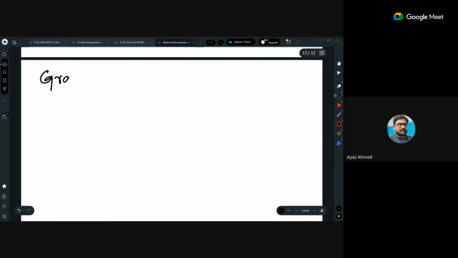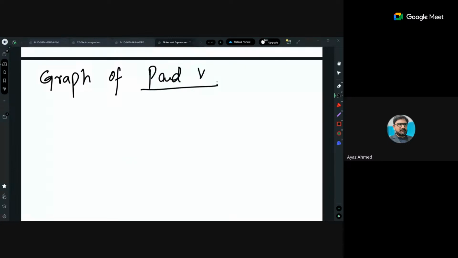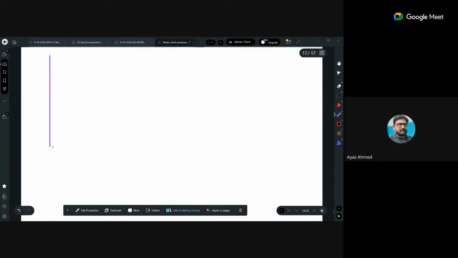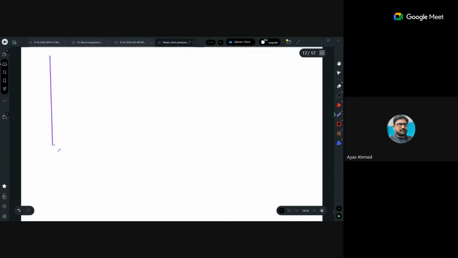So here is the graph of pressure and volume, right? If we have volume or pressure to be plotted, then they can be plotted in this way, either pressure and volume, or vice versa, volume and pressure. I'm just going to label these all.